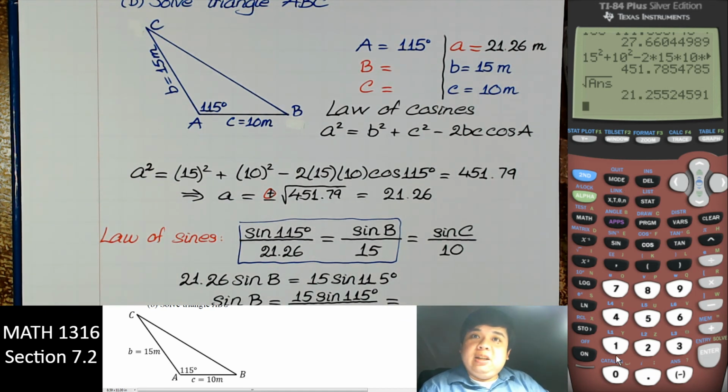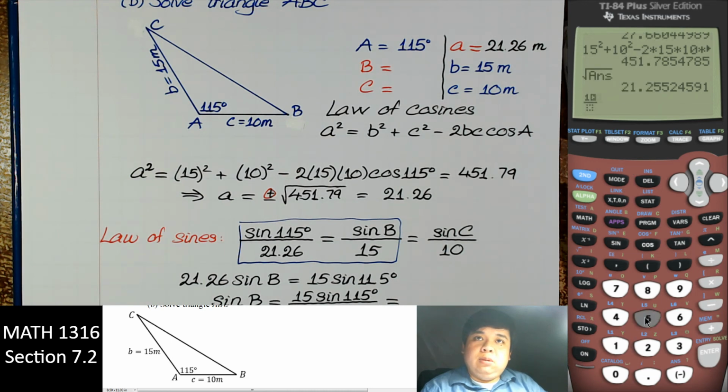So 15 times sine of 115 divided by that number. Copy and paste. Shoot, the bad thing about a calculator is there's no undo option, so we have to delete.